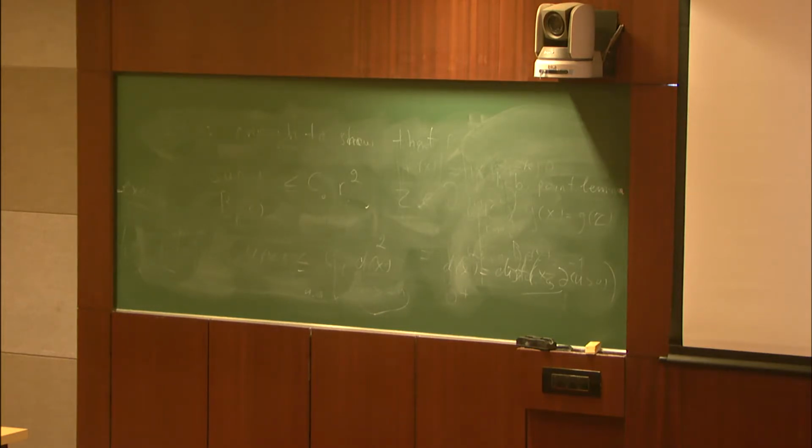Now I'm going to make this even larger. This is less than, so the mean value here is like 1 over r to the power n. With the constant, let me skip the constant. So it means that there is always a constant, and the integral of u over the ball of radius 2r, center z.